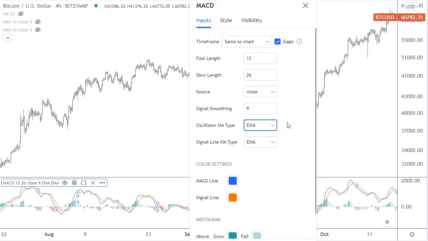If you remember from the previous video, we talked about moving averages and the difference between a simple moving average and an exponential moving average. So bear in mind that the standard use of MACD is using exponential moving averages.